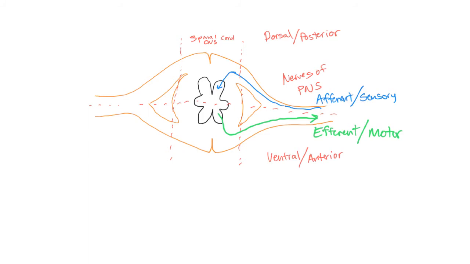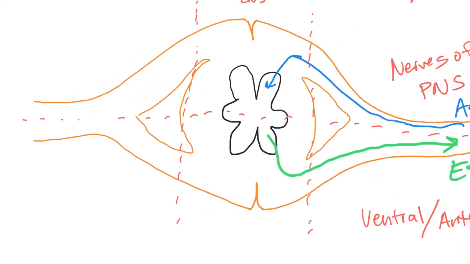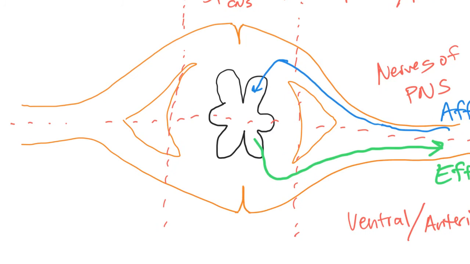Okay, so let me zoom in. There we go. So we have this part in the middle, which is our gray matter. There's a central canal in there. And then surrounding the gray matter, we have white matter.